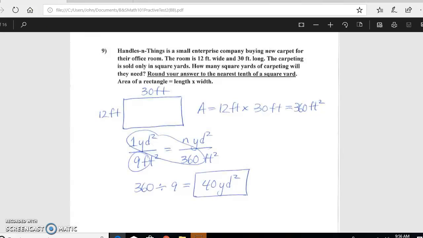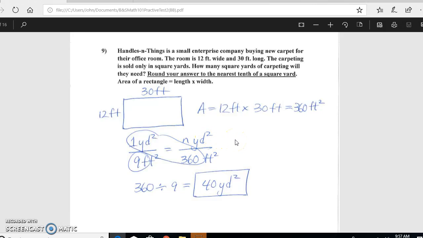And so we go back to our problem, and we take that formula. 1 square yard is equal to 9 square feet. We set it up as a ratio here, 1 over the other, and then we're going to solve using a proportion. So on this side of the proportion, we are going to take the area in square feet and put that on the bottom, because we have square feet over here on the bottom, and we're going to solve for the square yards on the top.